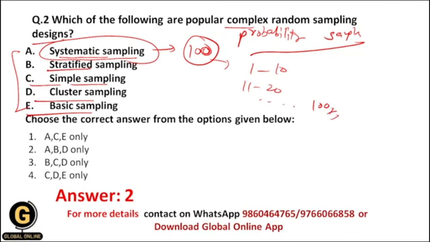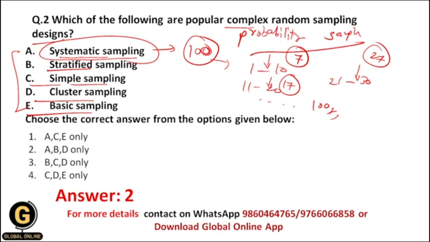Then first of all I will randomly select any number from 1 to 10. For example, if I select number 7, then in every next interval I am going to select the 7th number. So between 11 and 20 I will select 17, between 21 and 30 I will select 27. So firstly I randomly select number 7, and after that in each interval I select the nth number.